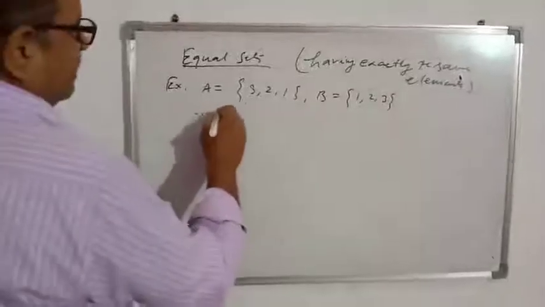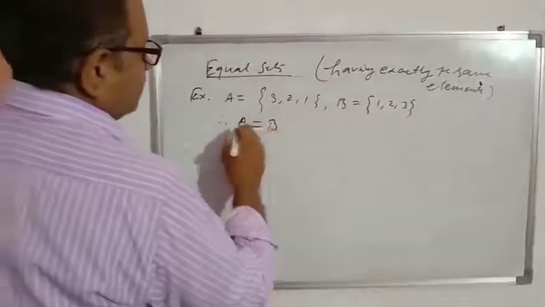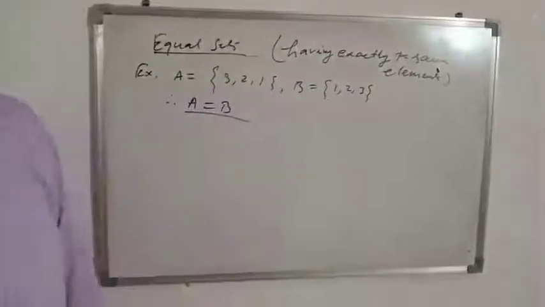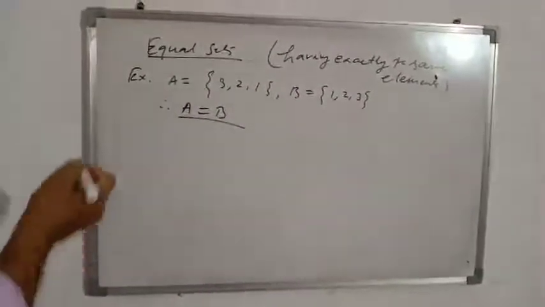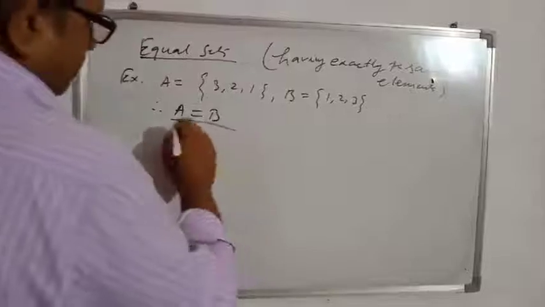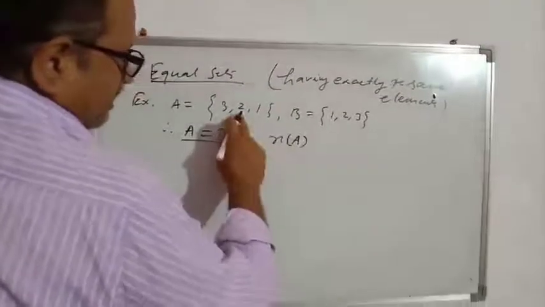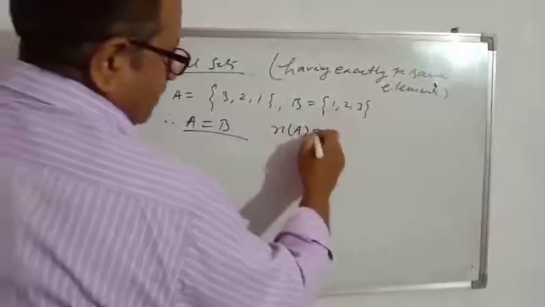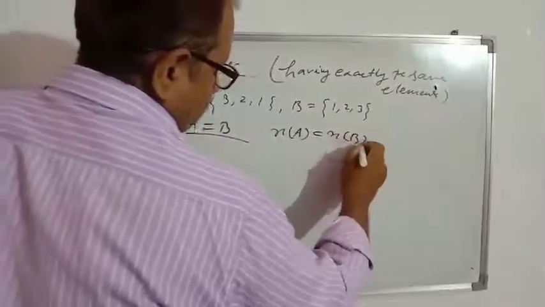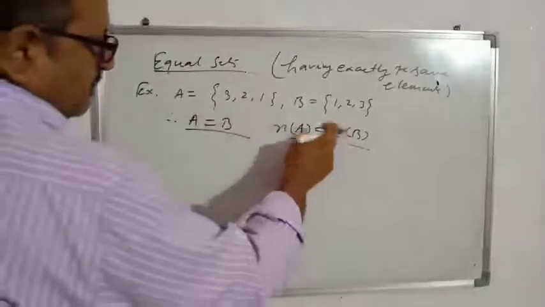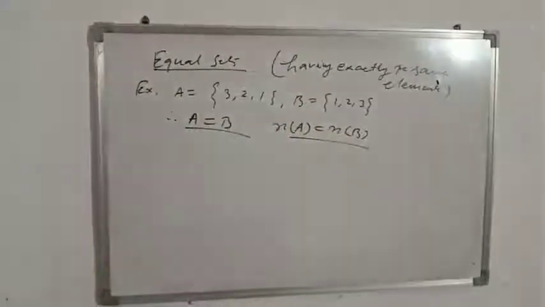So therefore we can write A is equal to B. Both are equal sets if they have exactly the same elements. So what is the cardinal number of set A? 3. And cardinal number of set B? It is also 3. Both are equal.